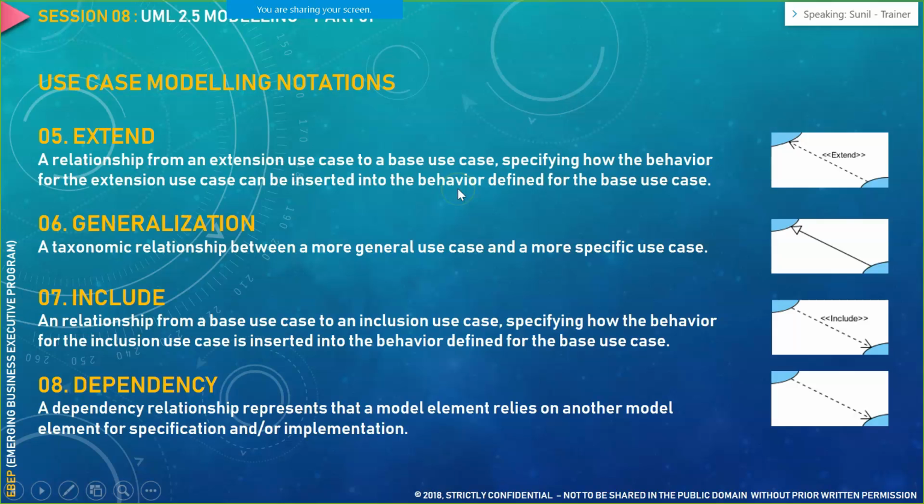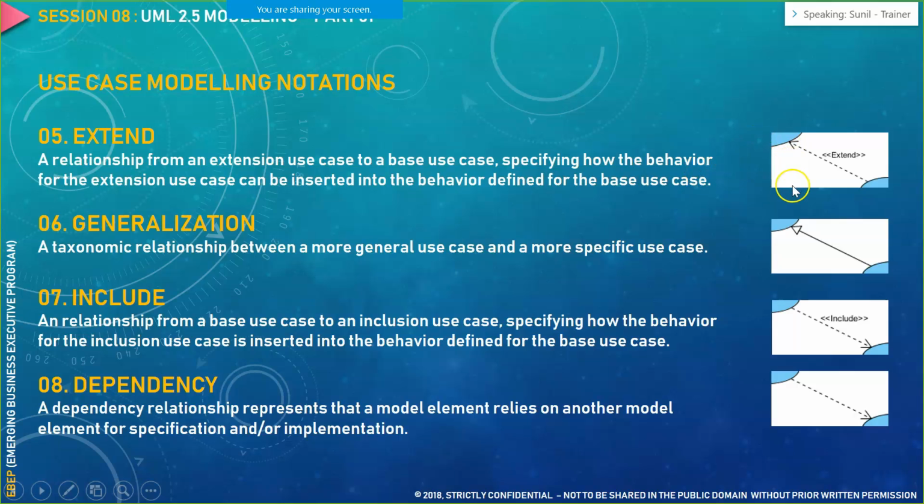Then comes extend. Now extend is a relationship from an extension use case. For example, if you are using another use case to trigger your use case, like we discussed, if I want to create an alumni network, I would be using certain use cases from the course use case, certain use cases from the student use case, and certain use cases from the instructor use case. So essentially I'm extending those three use cases to create my alumni use case.